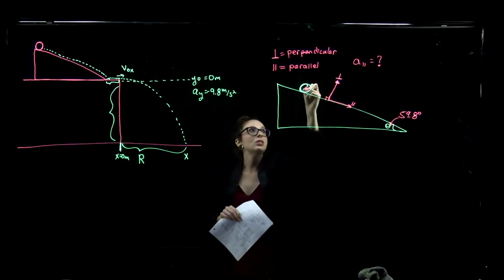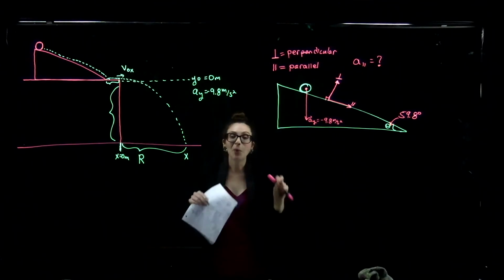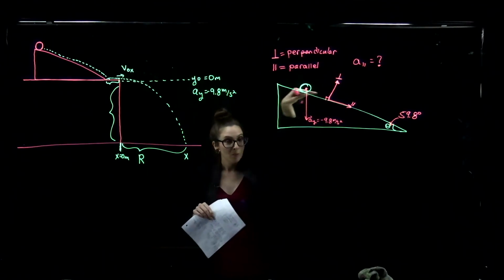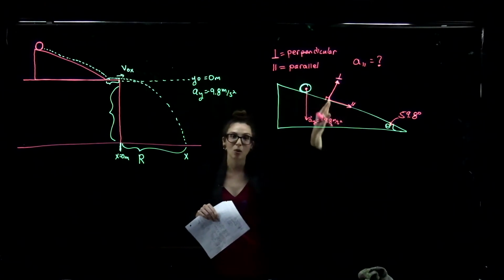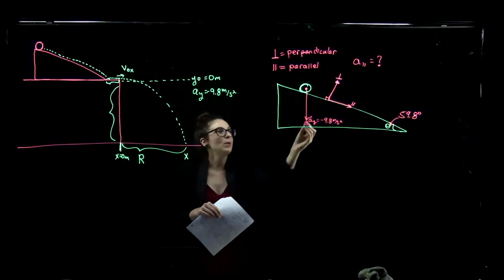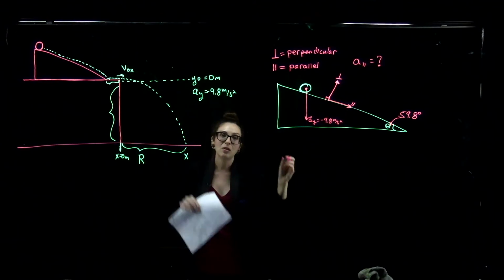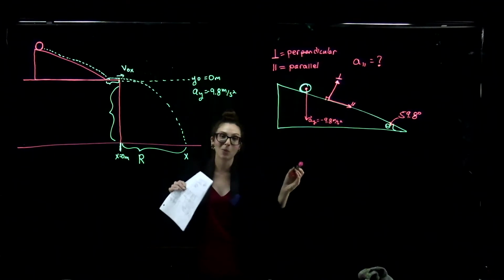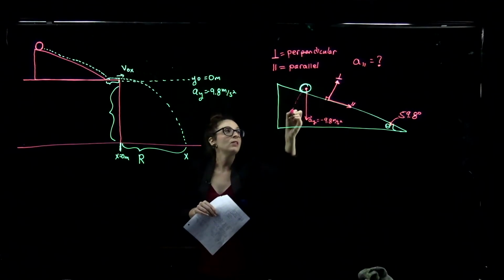The acceleration due to gravity is straight down, but we want to talk about the components of this acceleration parallel to the plane and perpendicular to the plane in this new perpendicular-parallel coordinate system. So I want to break up the acceleration due to gravity into parallel and perpendicular components.